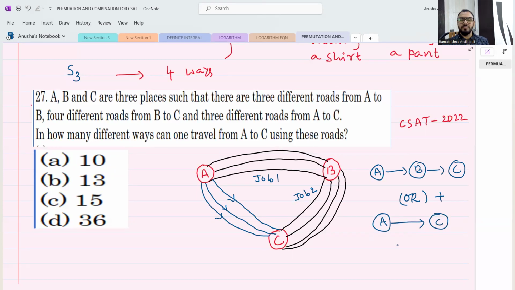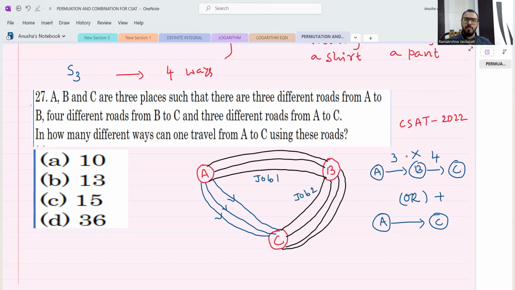Directly A to C. Going from A to B, there are 3 routes, right? You have to travel from A to B and then move to C. So how many routes are there from B to C? There are 4 routes. I'm using the word and.